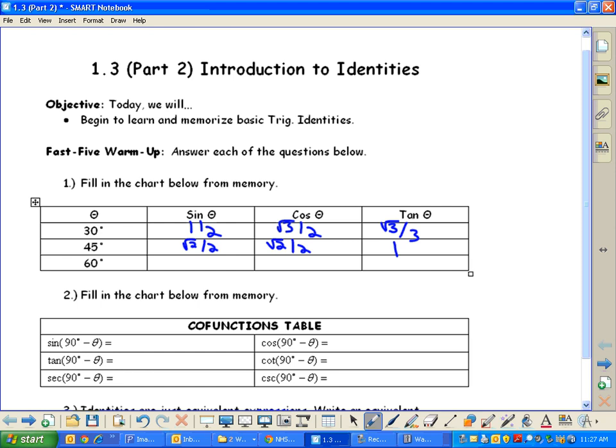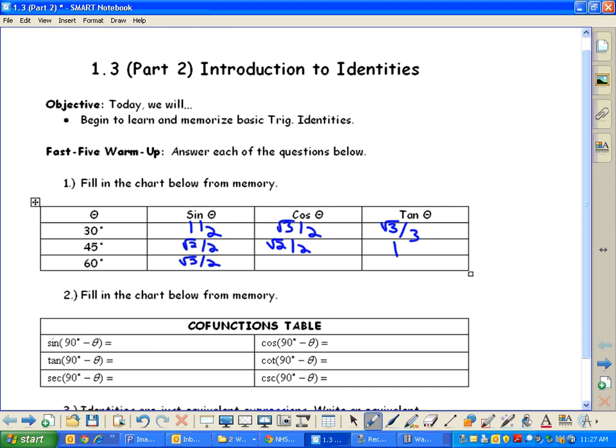Good. Michael, 60 degrees. Sine of 60. Square root of 3. It is. Cosine of 60? It is, Adam.